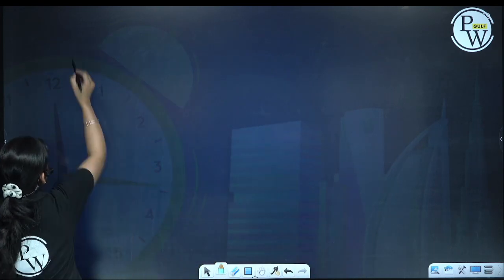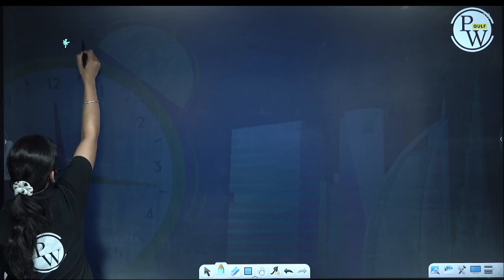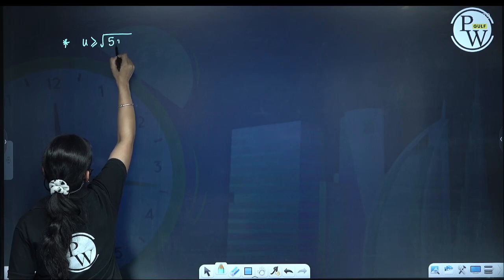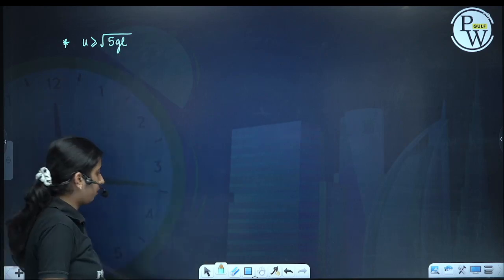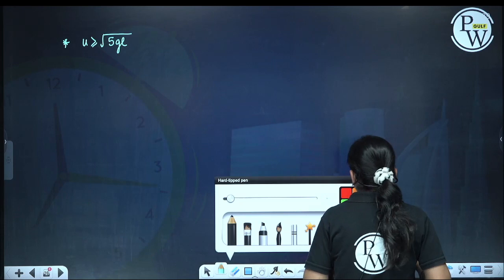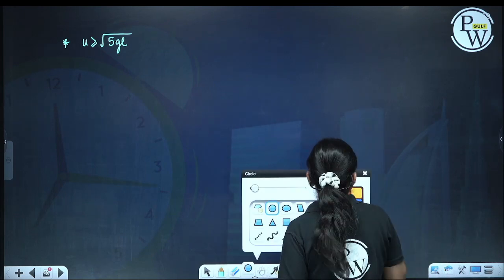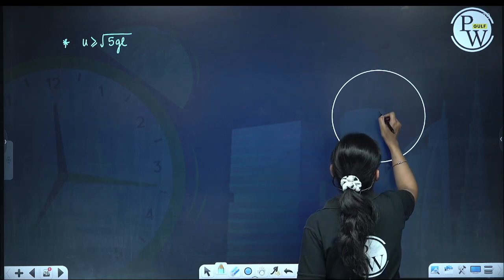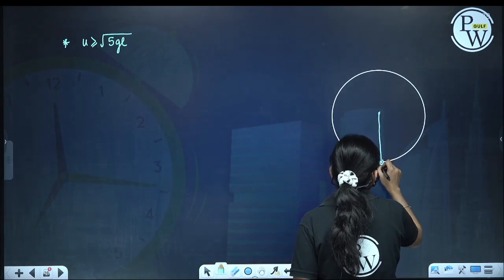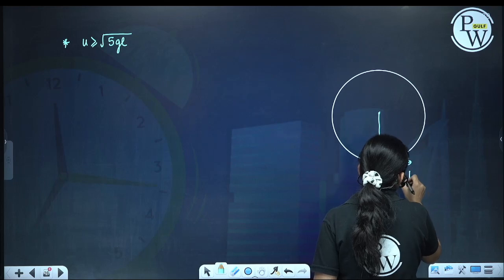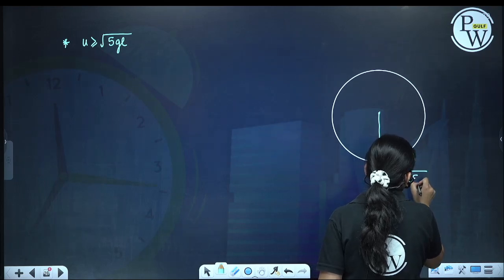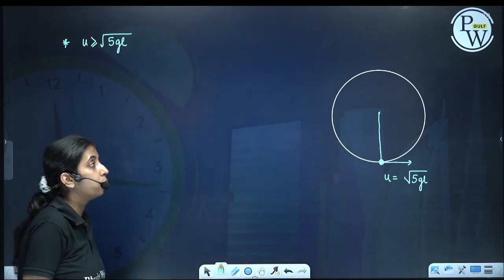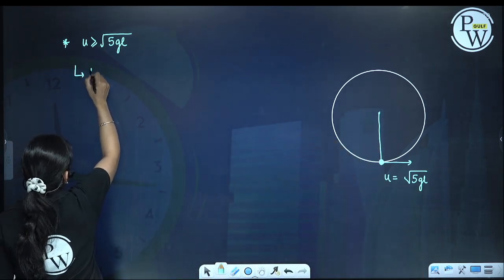Now next case, if we give a velocity greater than or equal to under root 5gl, what will happen? The particle will execute circular motion. If we give u equal to under root 5gl, the particle will complete its vertical circular motion.